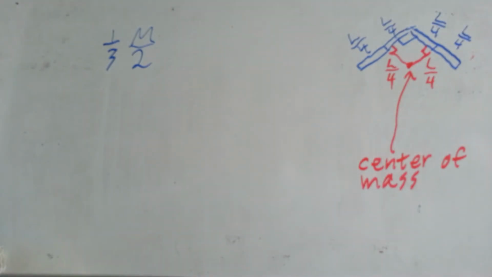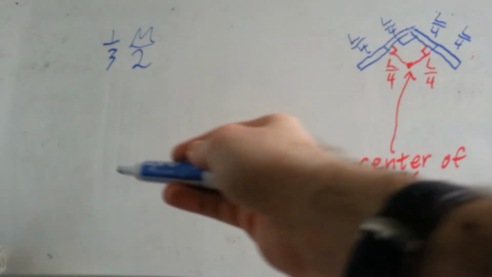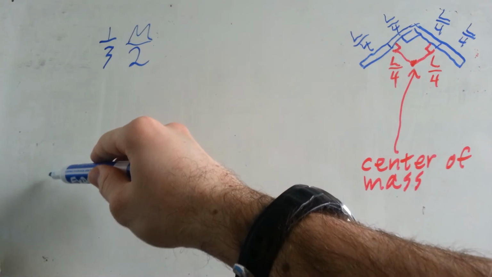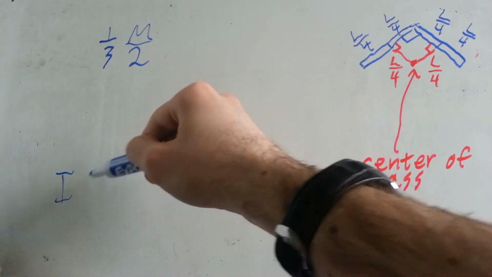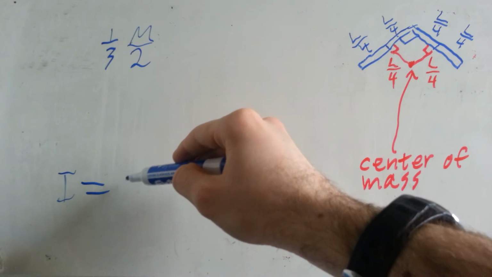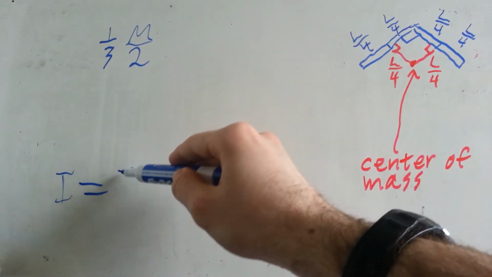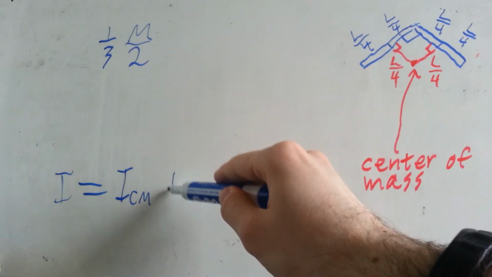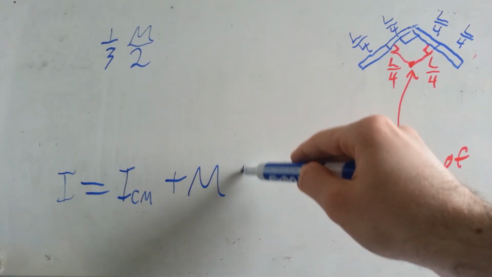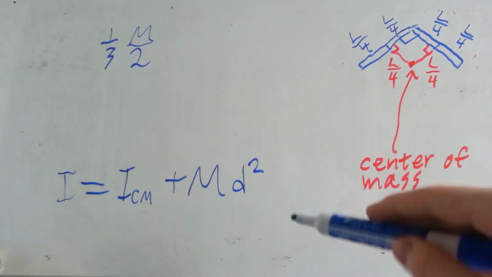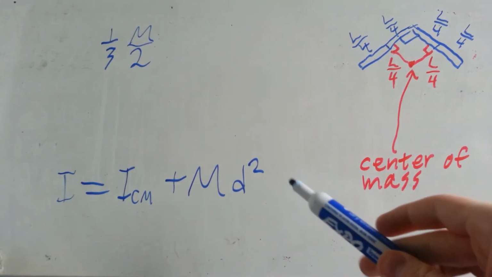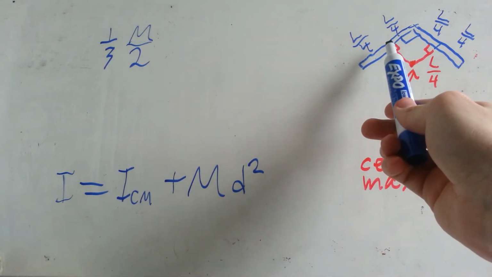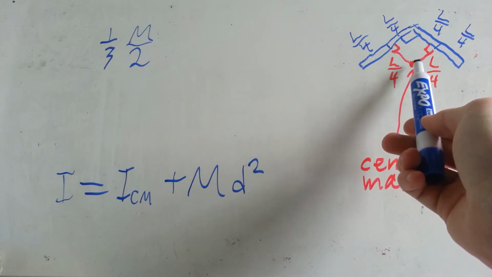And for this problem, we know we're going to have to use the parallel axis theorem, right? Which goes, the moment of inertia for this thing is going to be the moment of inertia of the center of mass plus m d squared. D squared is the distance from the center of mass to the axis of rotation.